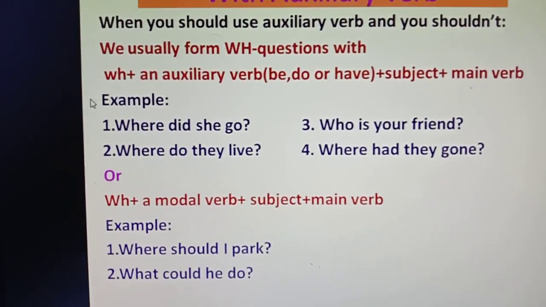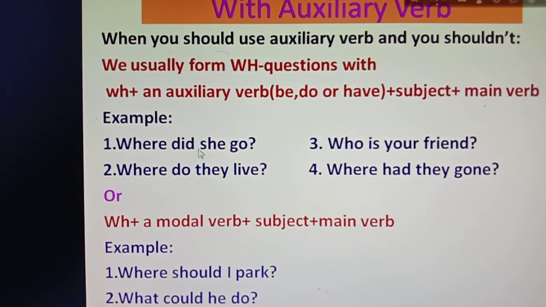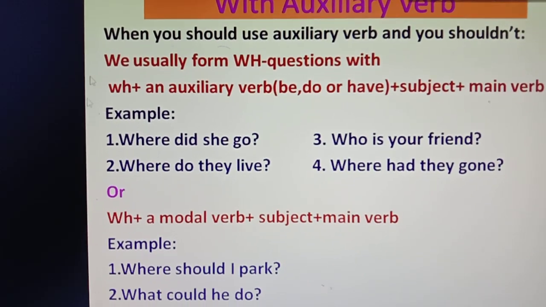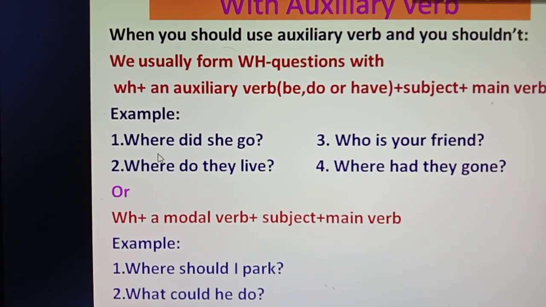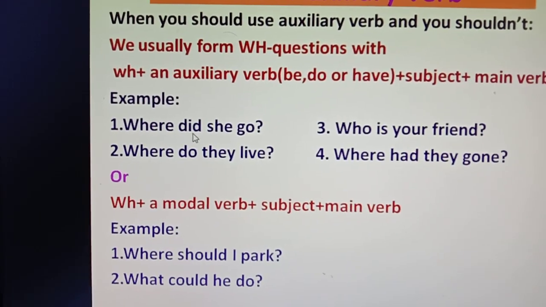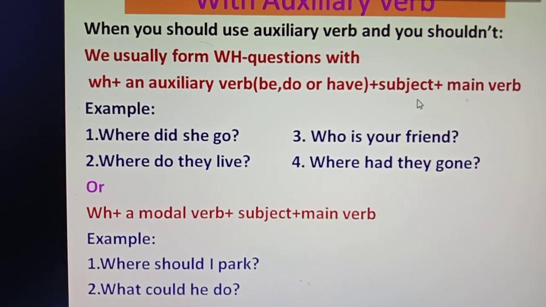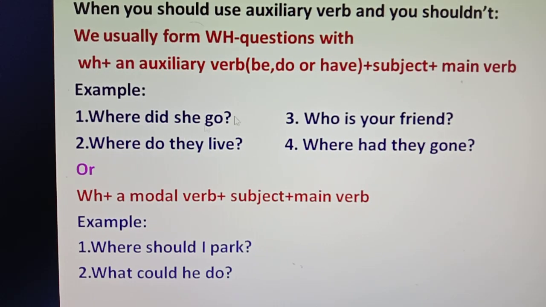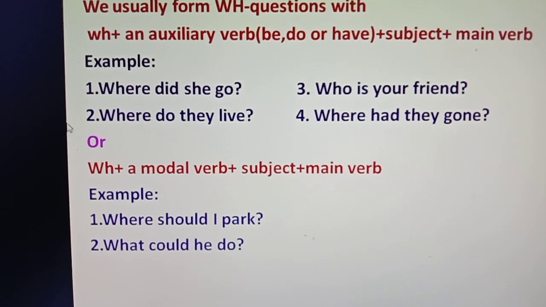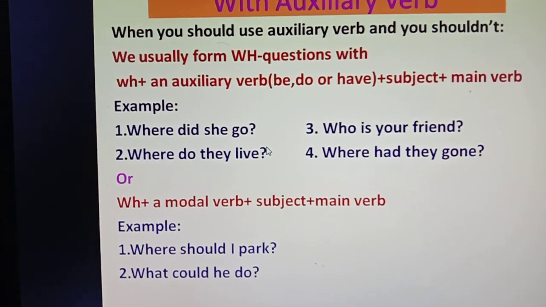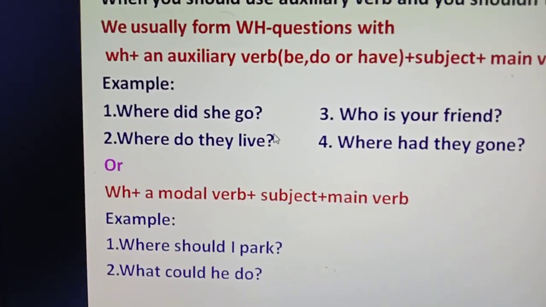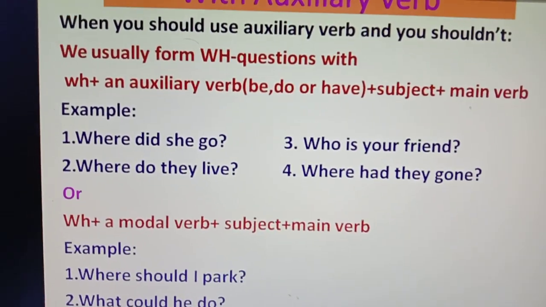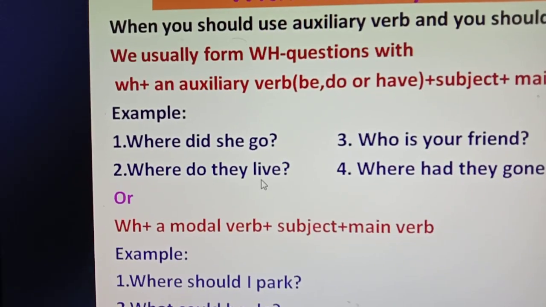Okay, so the example is first one, where did she go? You see, here I have written WH, then the auxiliary verb did, then the subject is she, then main verb go. So where did she go? Okay, then number two, where do they live?